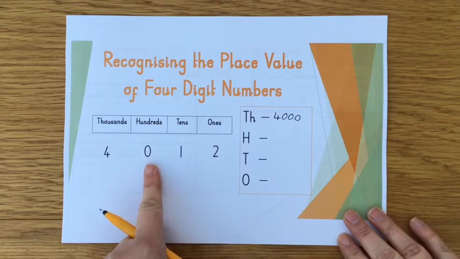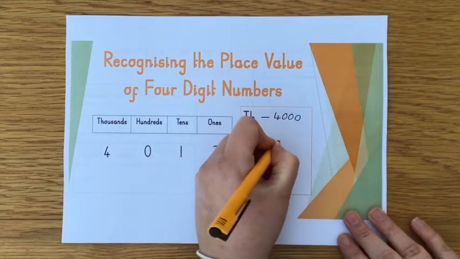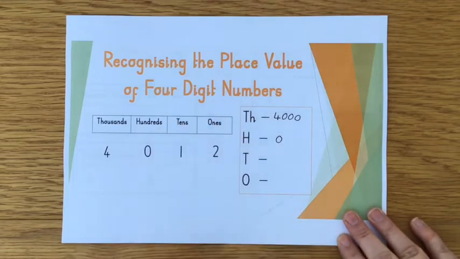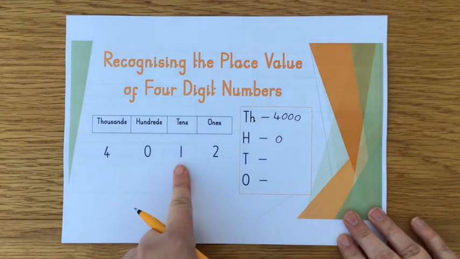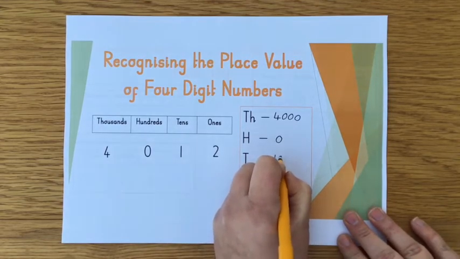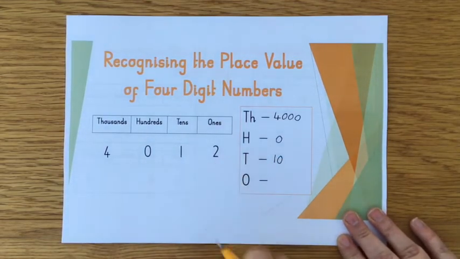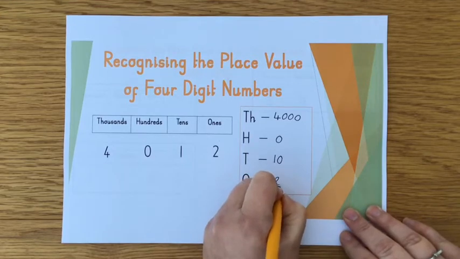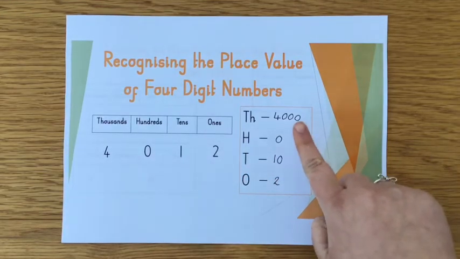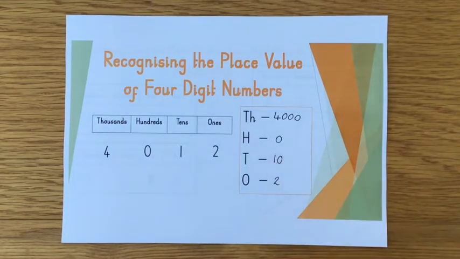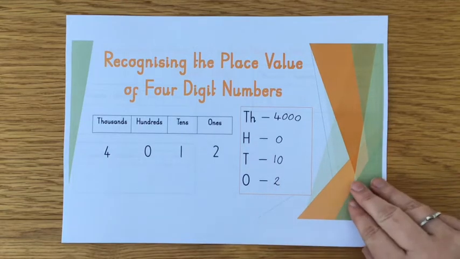There are no hundreds there. So it's just 0. The hundreds aren't worth anything in this number. I've got 1 ten, which is worth 10, and 2 ones. 4,000, no hundreds, 1 ten, and 2 ones.